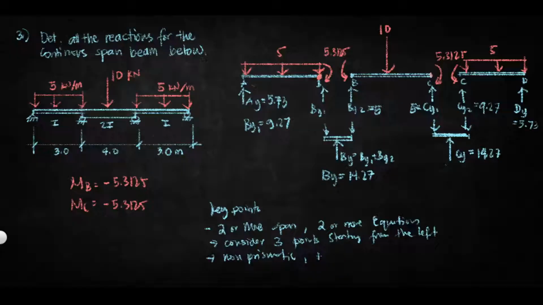So, yung L1 over I1, then pati yung 6A, 1A, so dapat yung L1 meron siyang katabi na I1. Okay? Or non-prismatic. So, the same principles apply kapag magkaiba sila naman. So, yun yung mga take away natin. Now, pag kaiba yung I, and then 2 or more spans. Okay, that is for example number 3.